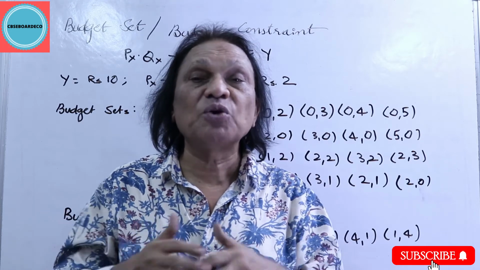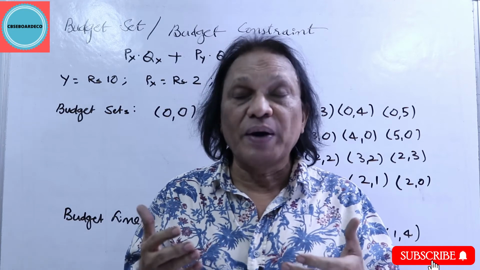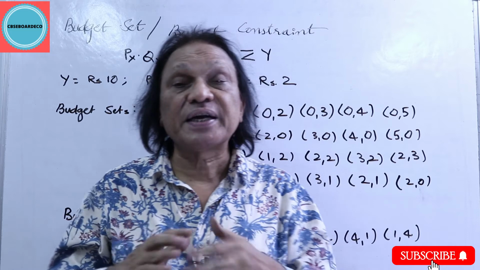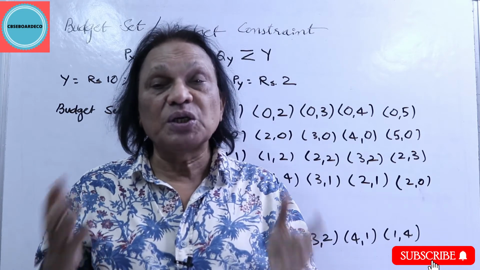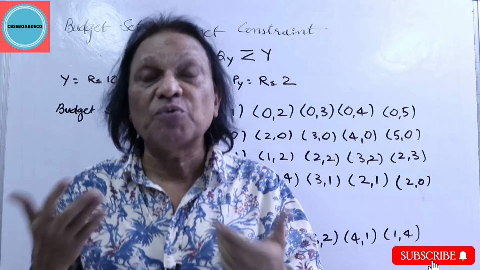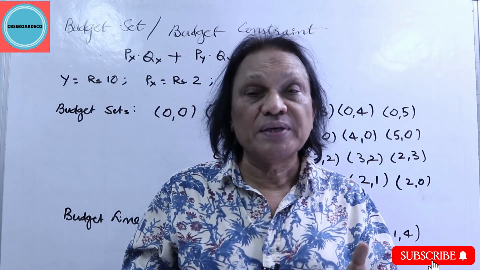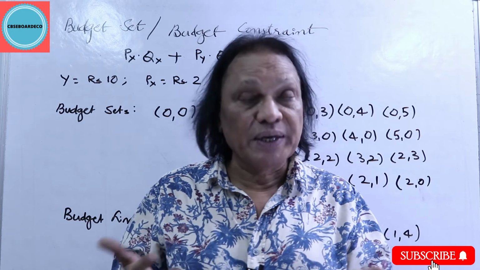It is less than your income when you're buying 0 0 or 0 1, that means you're not spending all the income. Budget set consists of different possible combinations of two commodities that cost the consumer equal to his income or less than his income. Px Qx plus Py Qy is equal to or less than his income.